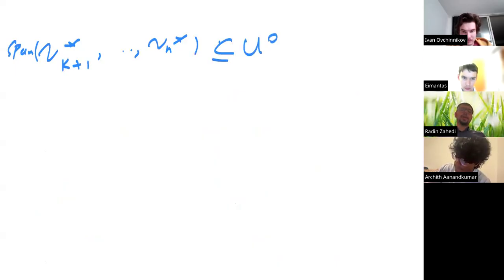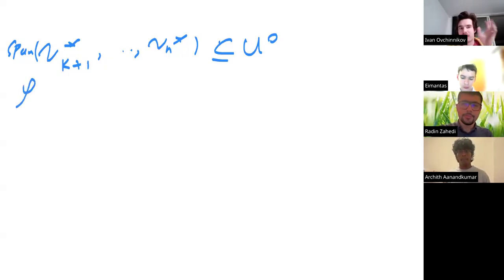Now, could there be any other linear functionals in the annihilator? Any ideas? Okay, so let's see. Let me give people another moment to think. We still have time. It's okay, no rush.